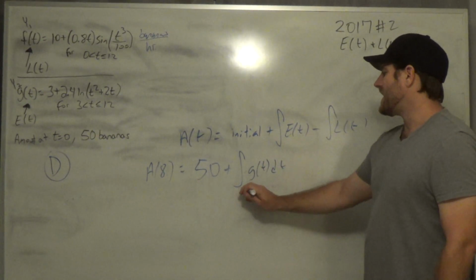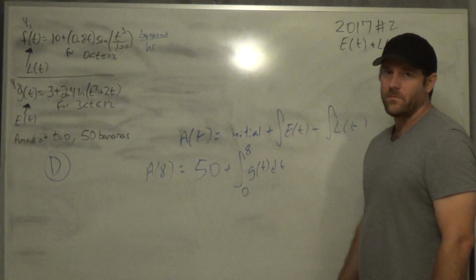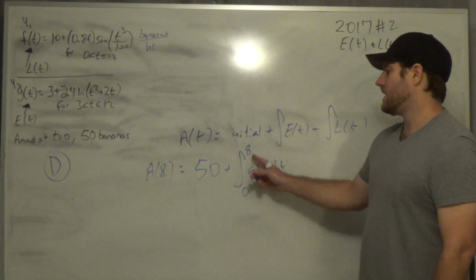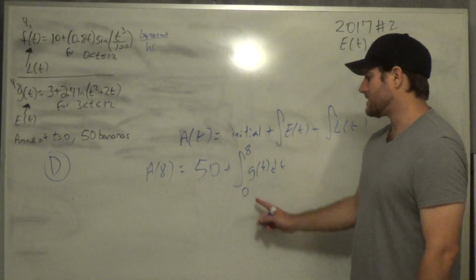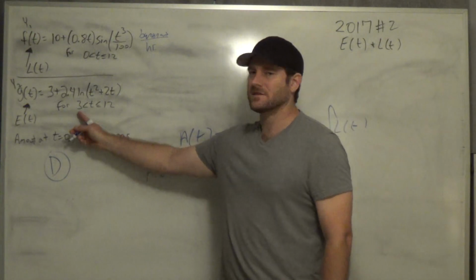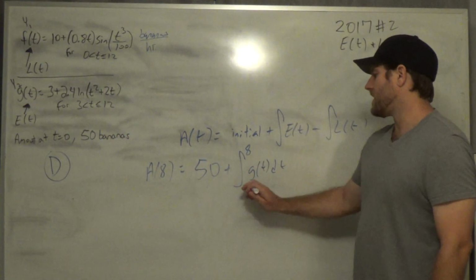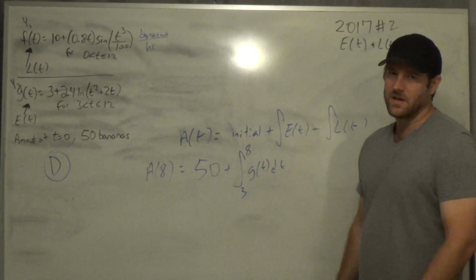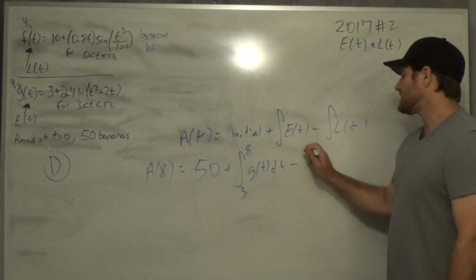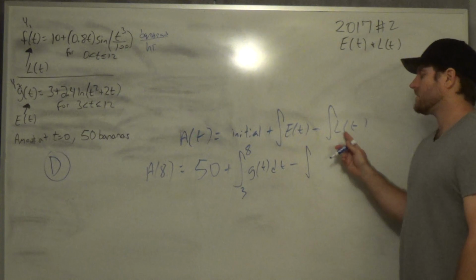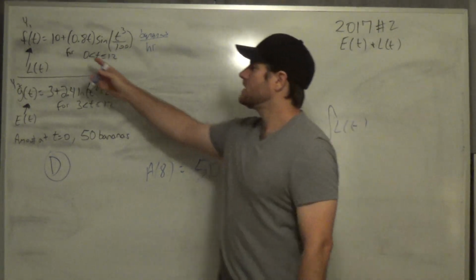Now, it's not from 0 to 8, however. Remember, we are not adding bananas starting at time 0. They do not start adding bananas until time 3. So it's the amount that enters from time 3 to 8. That'll tell you how much is entered by then, minus how much left. L of t, remember, is this whole equation.